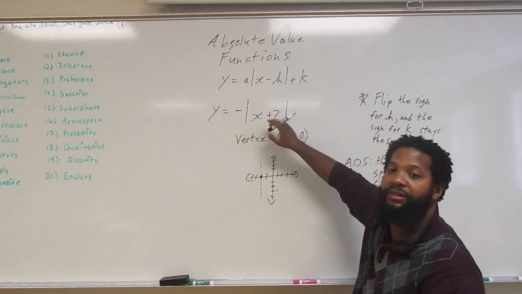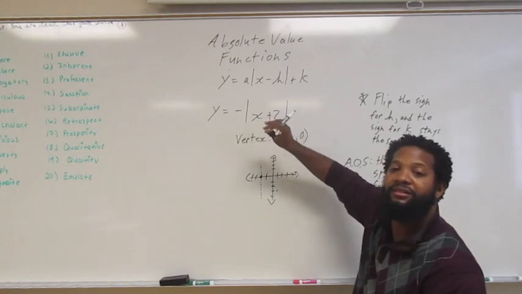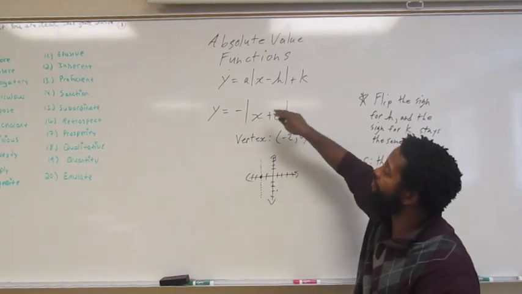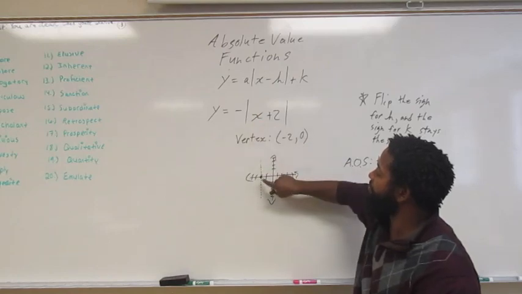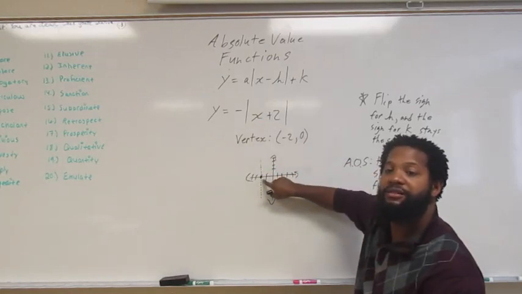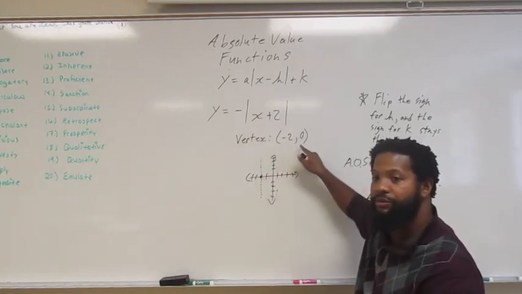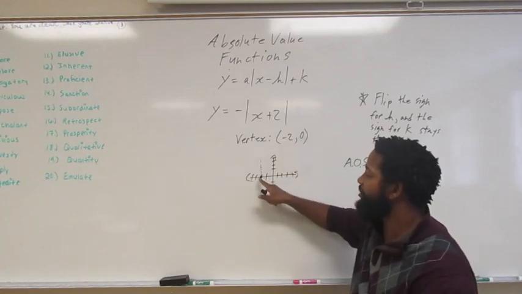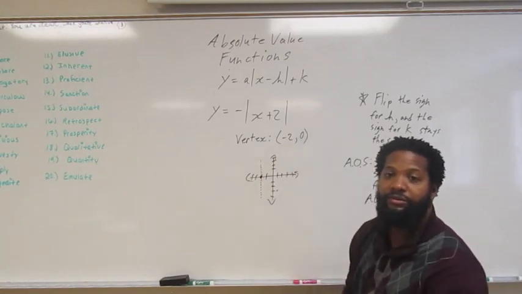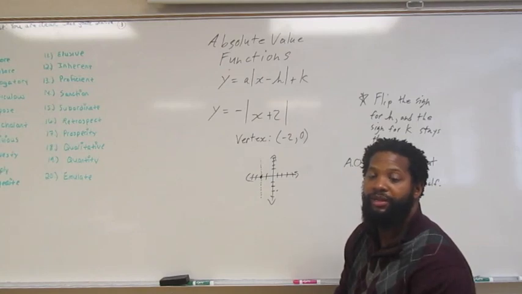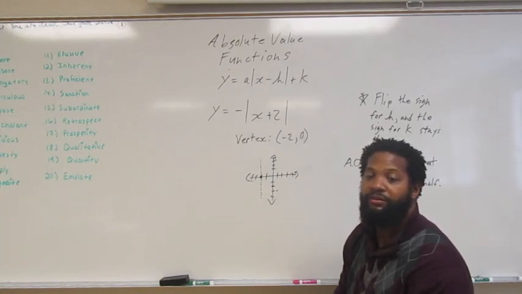Since this was negative 3, look, your vertex is right here, right? Negative 2, 0. What's the number on either side of the negative 2? Pick one. Negative 3.